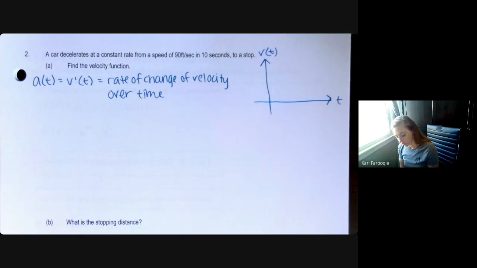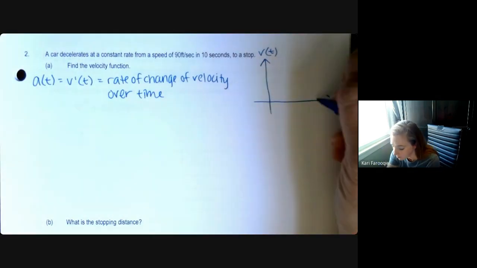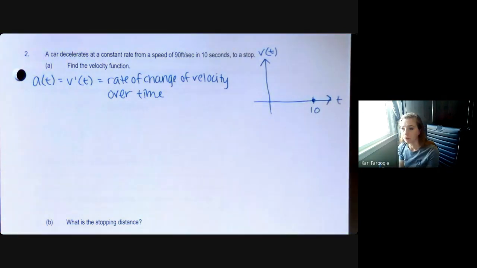When we talk about its rate of change, that is talking about the slope, which leads us to the acceleration. So the car decelerates at a constant rate from a speed of 90 feet per second. The speed will be represented by the velocity, and in 10 seconds, it's down to a stop. So at 10 seconds, it stops.